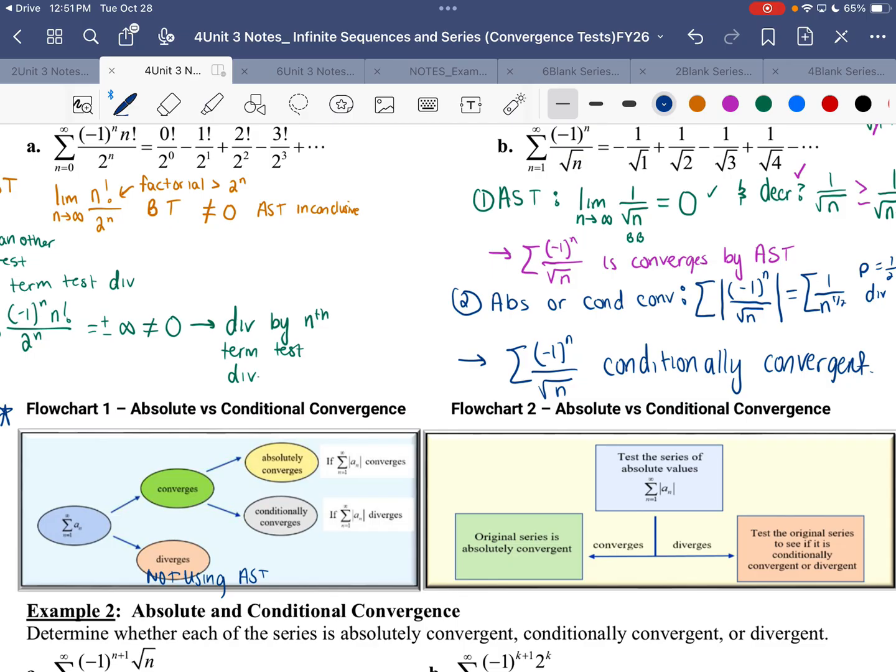And then for convergence, this would be using the alternating series test.